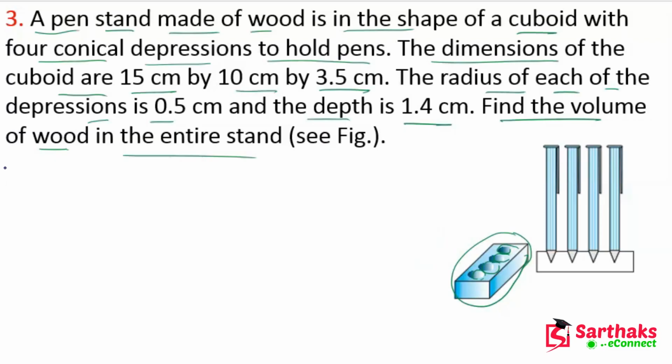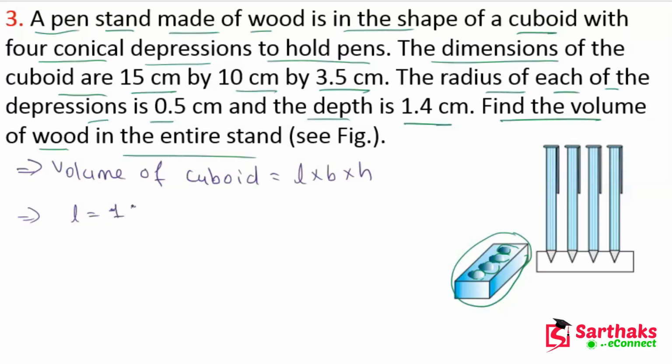We know that the volume of a cuboid is length into breadth into height. We know this very well. Now the dimensions are: length is 15 centimeter, breadth is 10 centimeter and height is 3.5 centimeter.